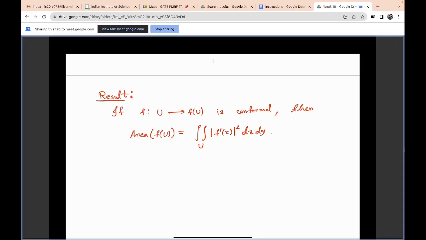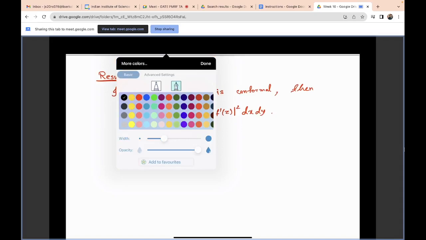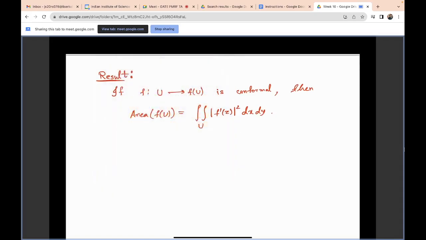So note, let me sketch how this comes easily. What is the area of some region? Area of f(U) is just the integration over f(U).